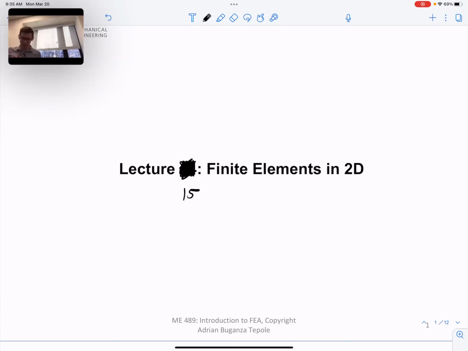Let's see. Change the battery. Oh, there we go. Hopefully it's better. Good. All right.